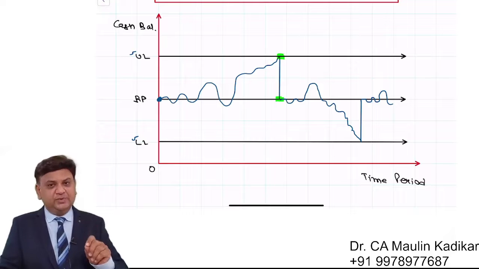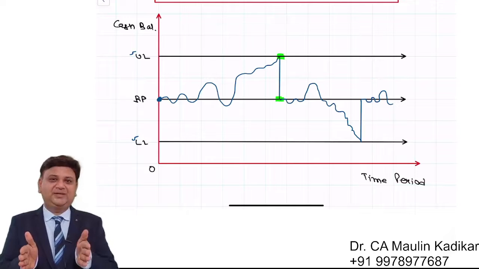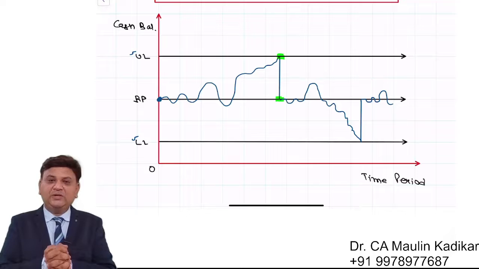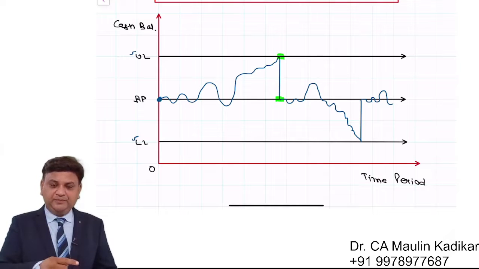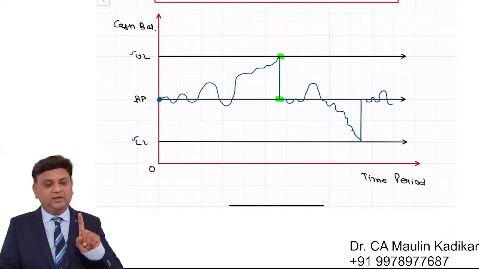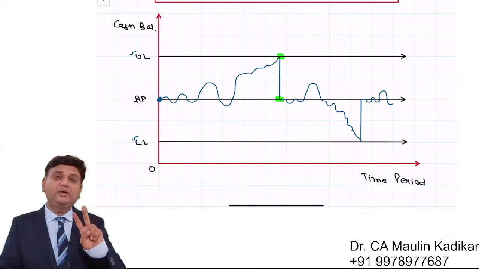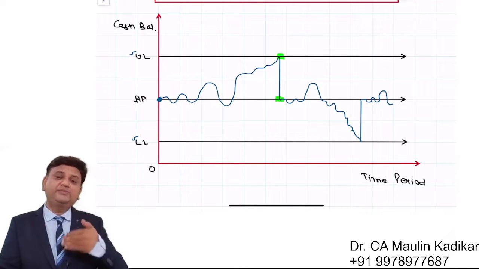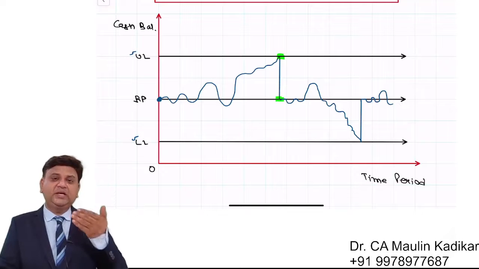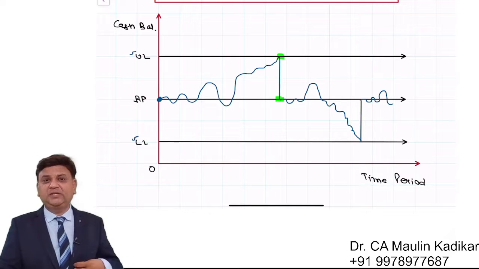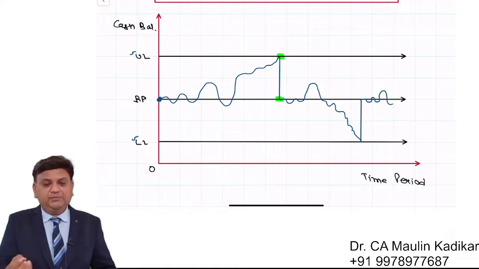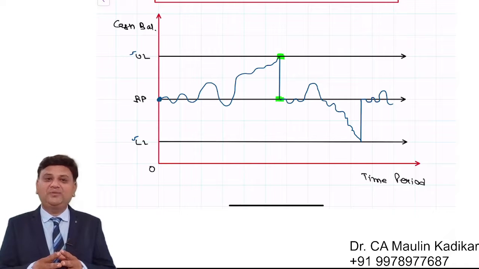It is the difference between the upper limit and the return point. And if the balance reduces to the lower limit, then either you will redeem the investment, or you will arrange funds from some other source of finance if there is no liquid securities investment, and with that you will bring the balance to the return point once again.